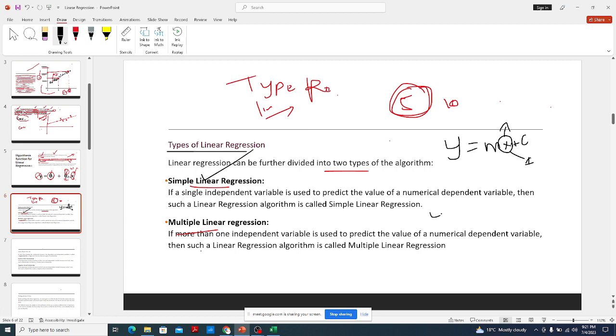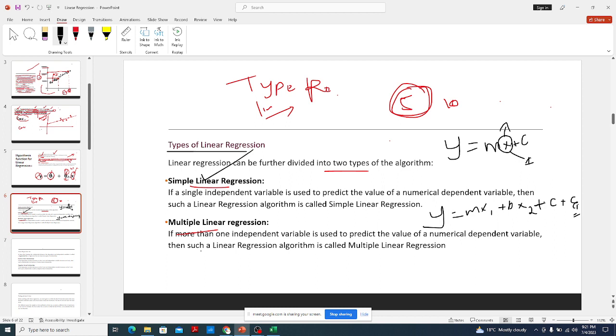So it will be like y equals m x1 plus b x2 plus c, and maybe you can also add the error term, epsilon. Epsilon is the error term, or our vertical deviation.